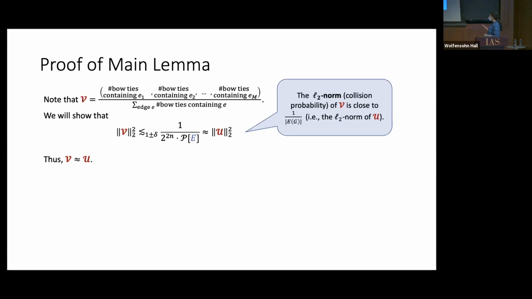We're going to show that the L2 norm of this distribution is small. This would, by Cauchy-Schwarz, imply that this distribution V is close to the uniform distribution over edges. So how do we show that the L2 norm of this is small? We're going to show that the L2 norm of the numerator is small and this quantity is large. So in particular, we'll show that the number of bow ties is large.